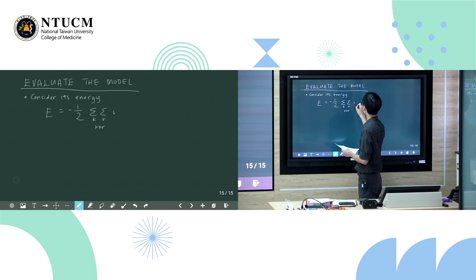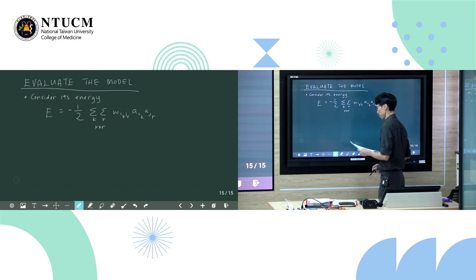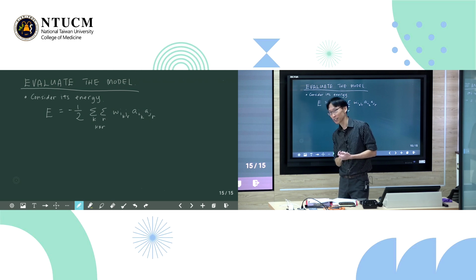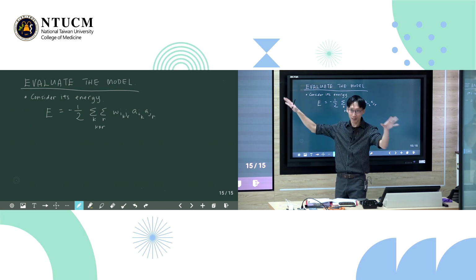By this formula, minus half the sum of all the weights and the products with its activities. Why is this energy? And what is energy? Let's just say that the equivalent statistical concept is variance, how variable the data are.